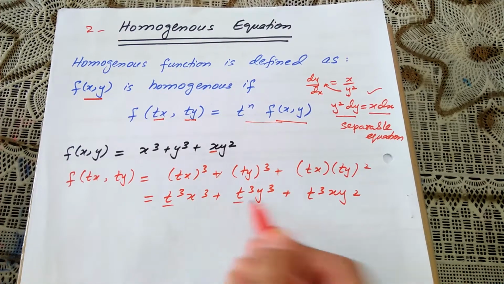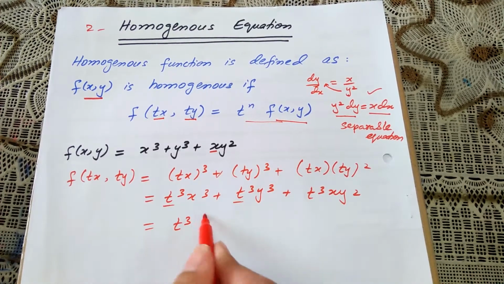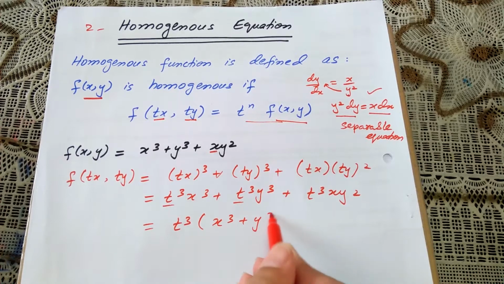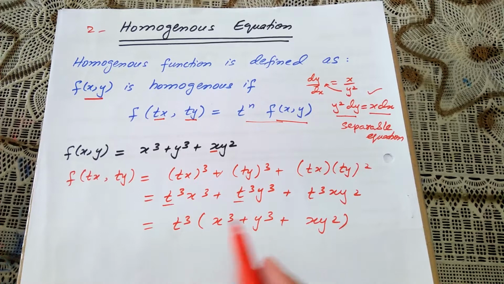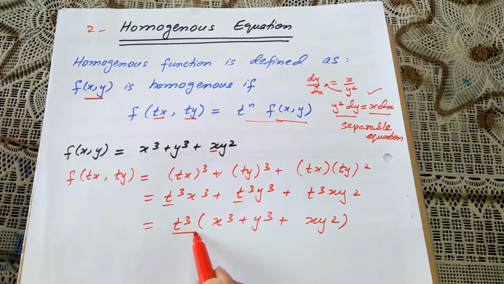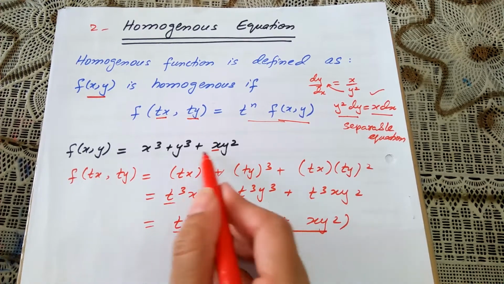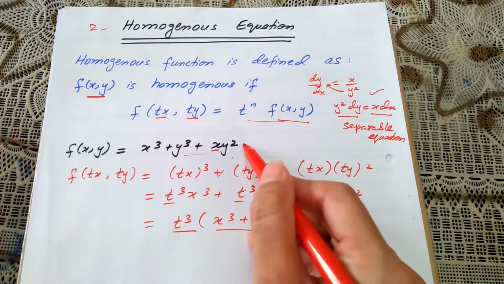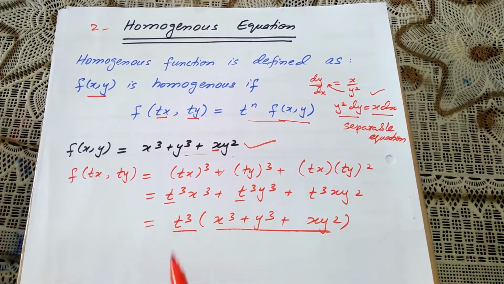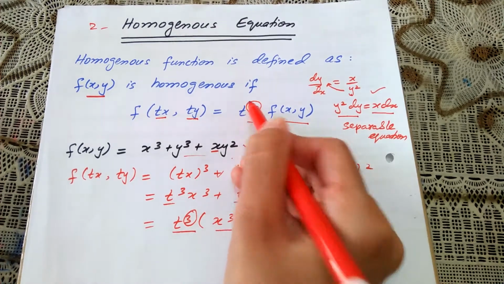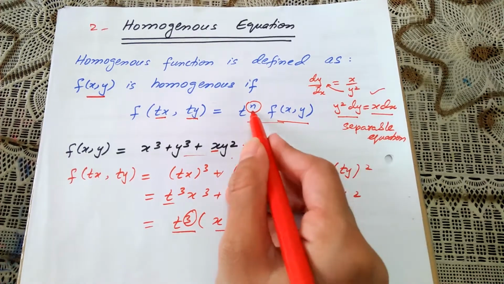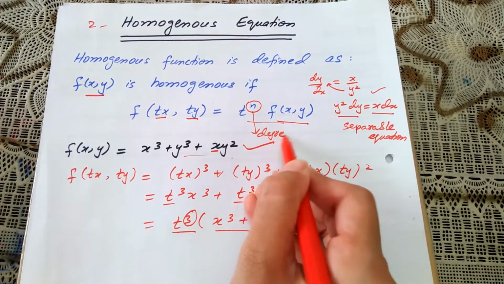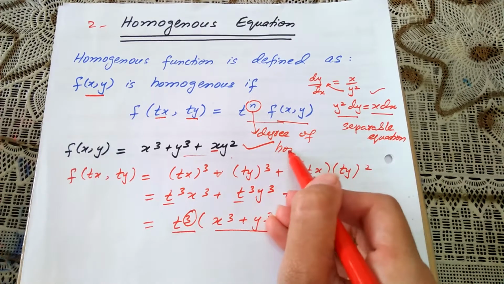Now take t cube as common, and you get back x cube plus y cube plus xy square. You can easily observe that when you separate the t, you get the function back. So this function is homogeneous in nature. Whatever power of t you get, that n will be the degree of the homogeneous equation.